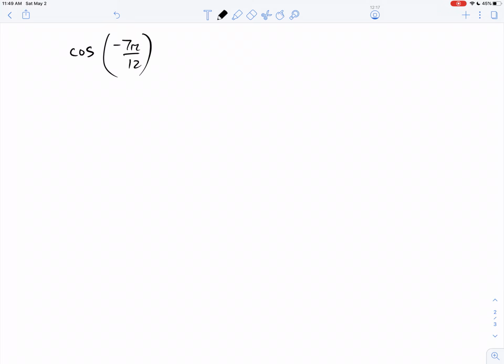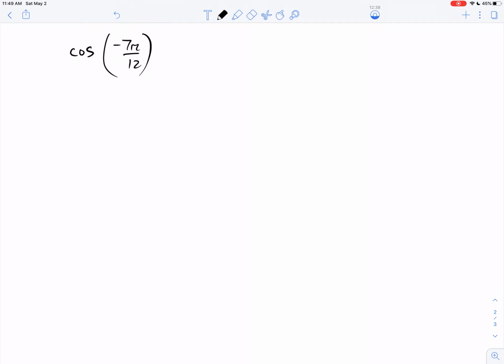If you haven't noticed, I'm just doing problems out of the book that are evens. There's this guy: cosine of negative 7 pi twelfths. Holy cow. I can do this one of two ways. They're both correct. I'm going to do them both ways, and you decide which one you like the best.